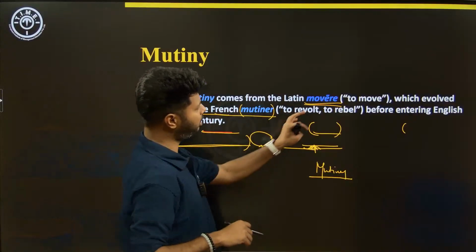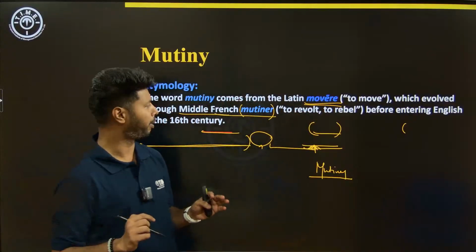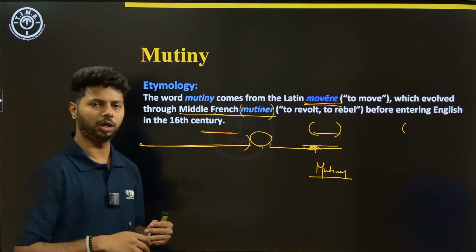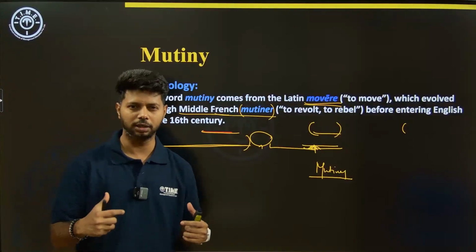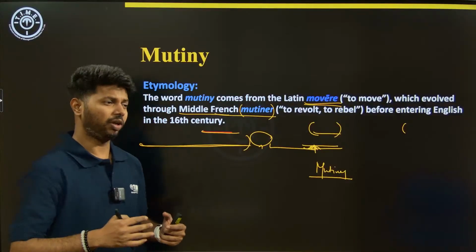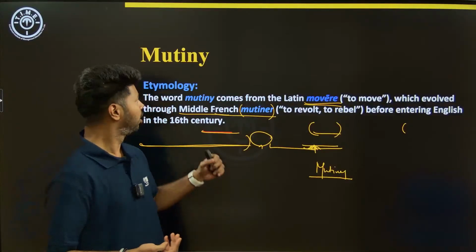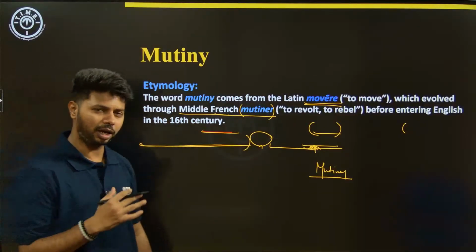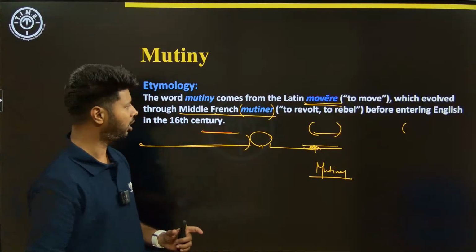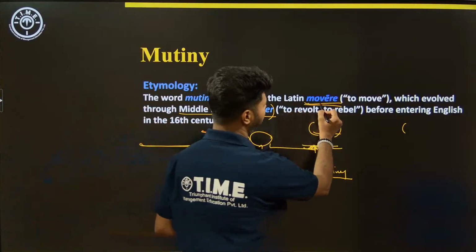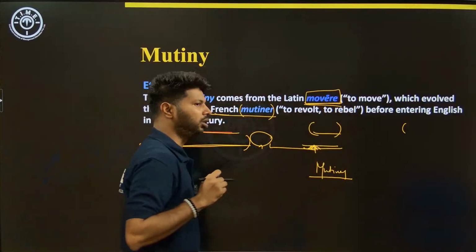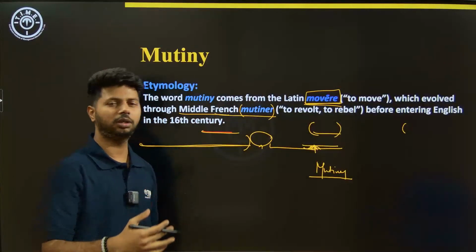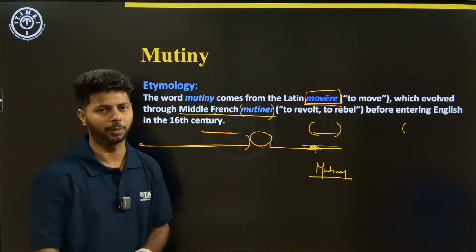Now, the thing is, these are very important things to remember. Every time you try to pick up a word, don't just look at the meaning and be done with it. It's very easy to forget words that way. Invest some time, try to learn its history, where it comes from, what are the roots, right? This might be very important when you encounter a word that you have no clue about.